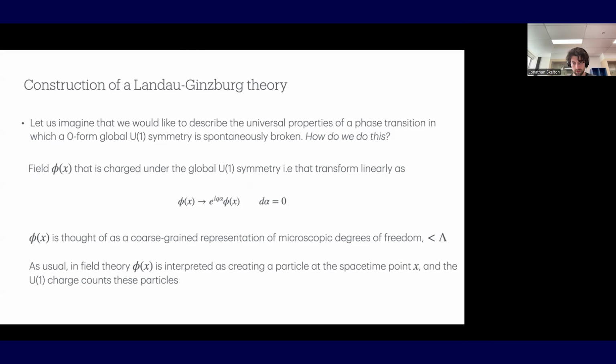So you have this transformation, where Q is the charge. We really need to think about this field not as a fundamental degree of freedom, and this will be important for the one-form case, and it is really valid until some scale lambda. And we can interpret it as creating a particle at the space-time position x, where the U(1) charge counts the number of particles that we have.